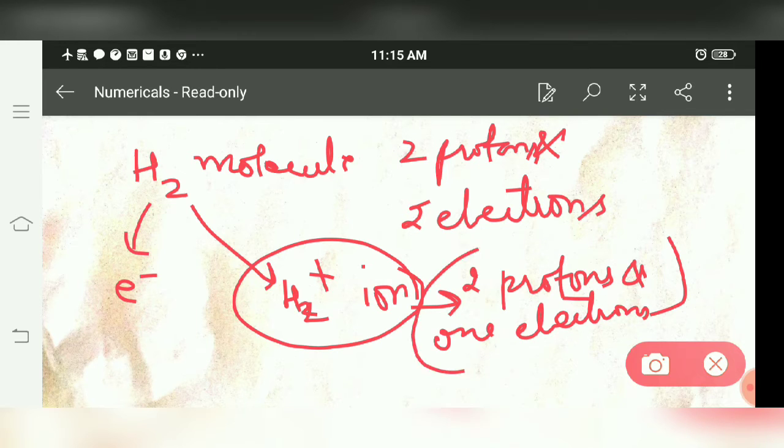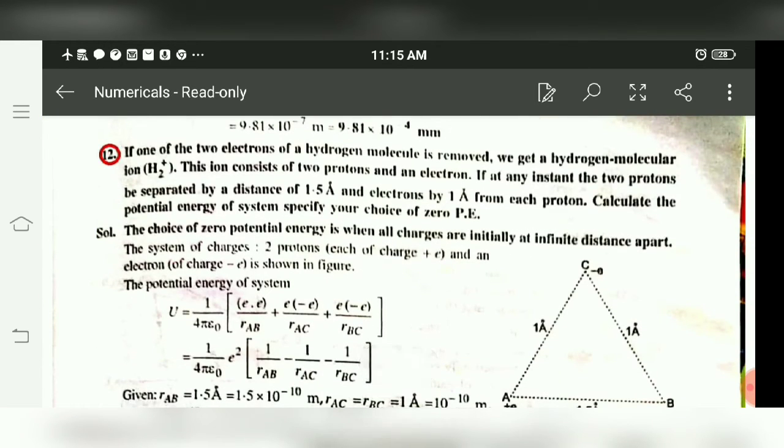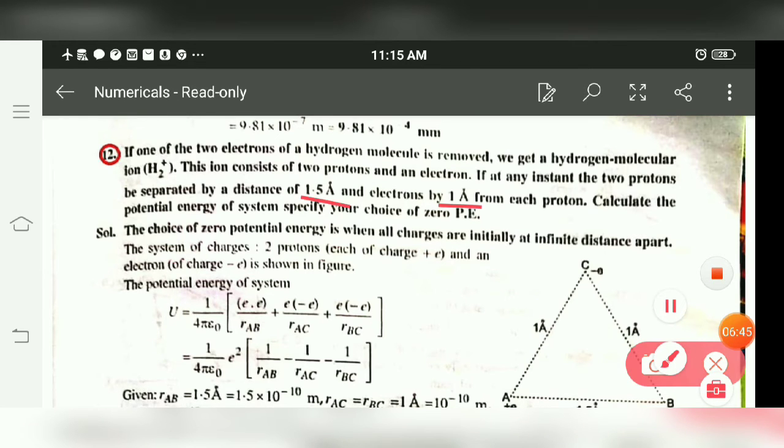Now for this particular system, it is given that the two protons are separated from each other by a distance of 1.5 angstrom and from the electron by 1 angstrom.